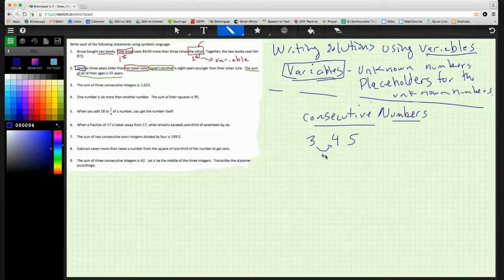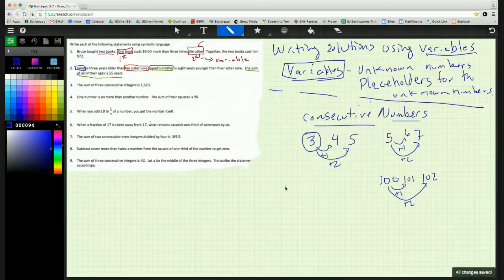I added 1. And how did I get from 3 to 5? I added 2. So if I have 5, I can add 1 and I get 6. I can add 2 and I get 7. And this pattern works for any consecutive numbers. If I want 100, I can add 1 and get 101, or I can add 2 and get 102.